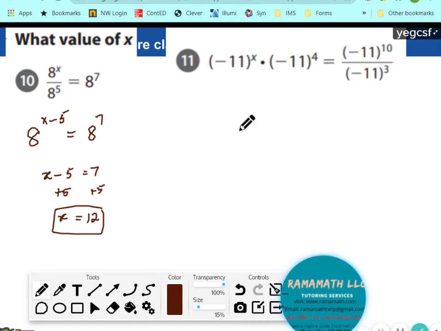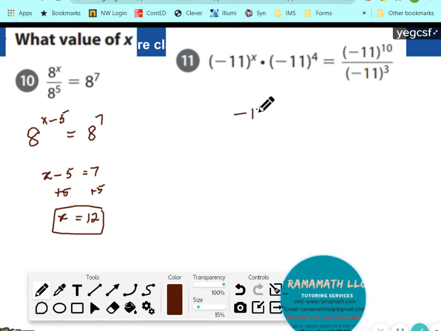All right, try the next one and follow the same rules that we already learned. So the first thing is I see the same bases, so I'm going to add these two. And then I see the same bases, the quotient rule, you subtract these two. So let's try this.